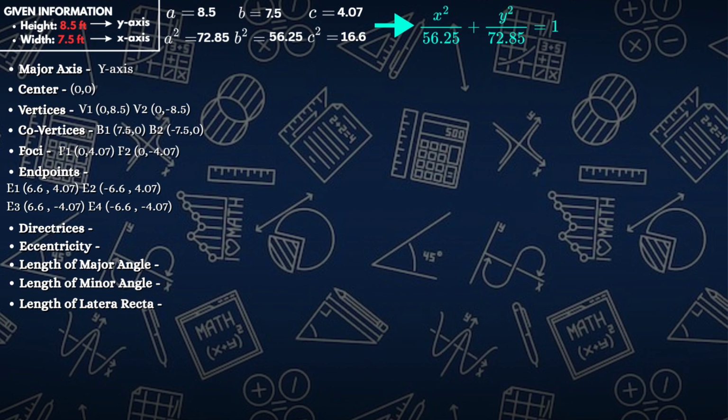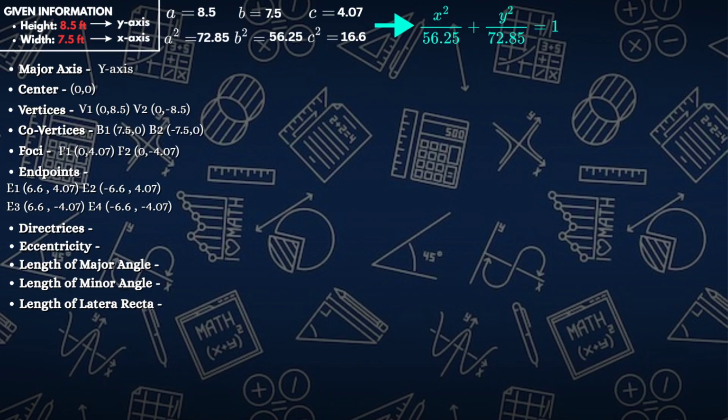Now let's see if that is correct. Use your calculator with me. The formula for solving the first coordinate would be h plus b squared over a. Our h is 0 plus b squared over a. Let's compute b squared over a first. Our b squared is 56.25 divided by 8.5.